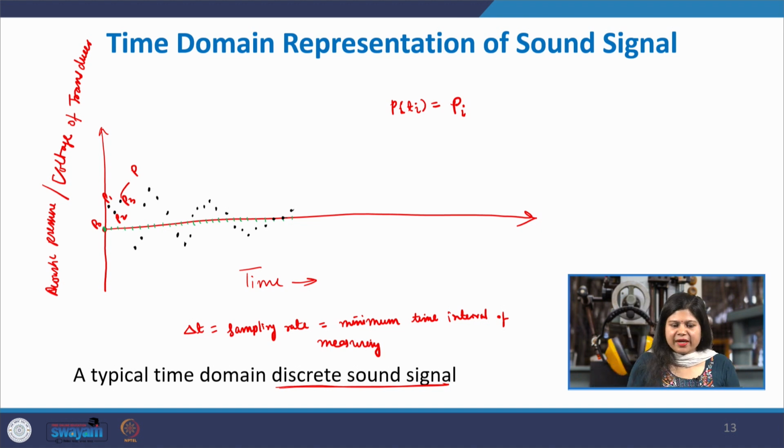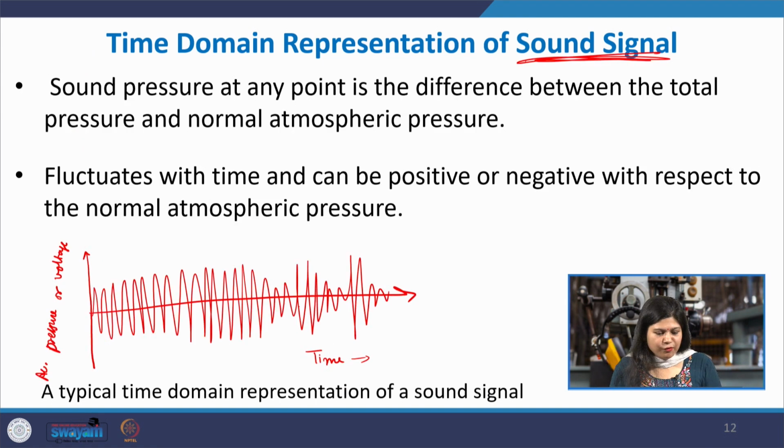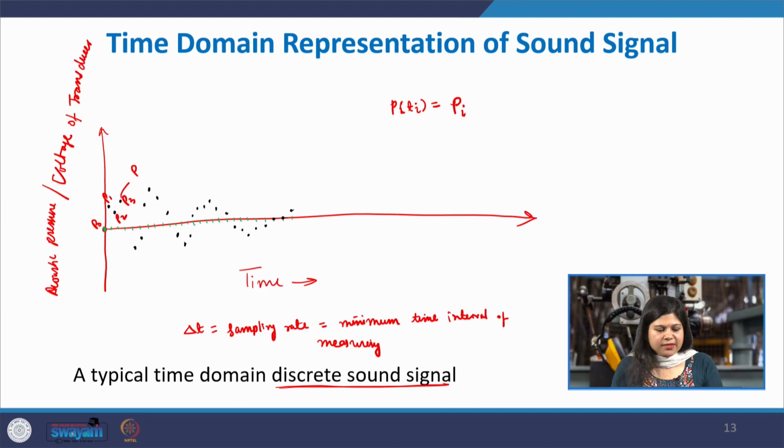So, this becomes a typical time domain representation where we have discrete time, we have got discrete points over different time intervals. Now, let us see if this kind of discrete signal we are obtaining. The same waveform now is appearing as a collection of points each taken after a delta t interval.